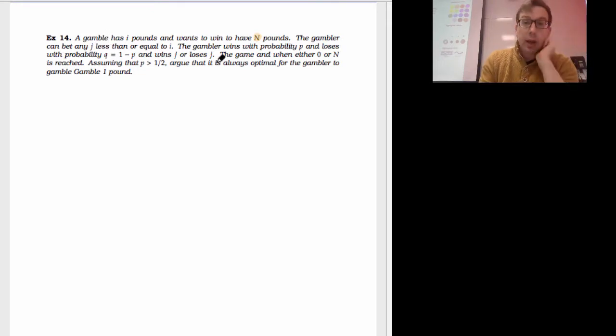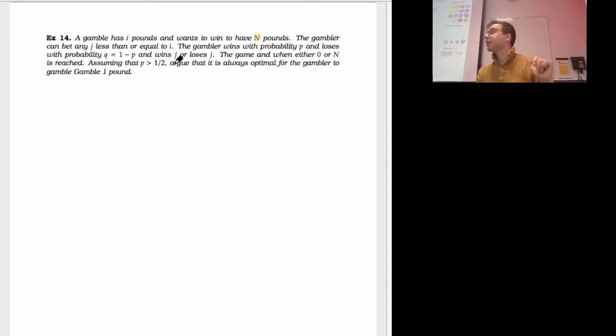The gambler wins that specific bet with probability P, or loses with probability Q. And if he wins, he gets his money back, and then the additional amount of money. So if he bets £5 and he wins, he gets his £5 back, plus another £5. And if he loses, he loses the £5.